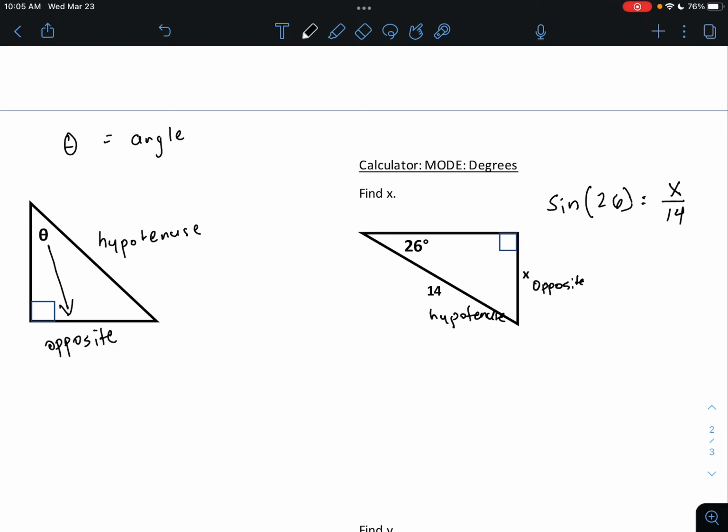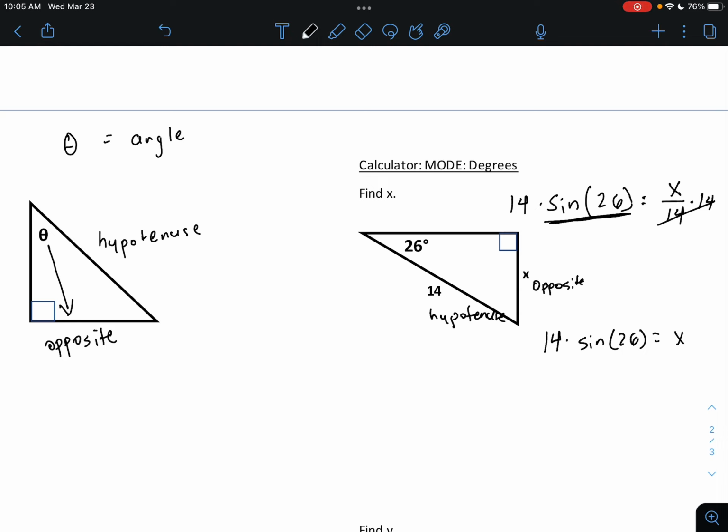This is solved just like any equation. We want to get x by itself. The sine of 26 is its own piece, so we can't split this up at all. We're going to leave that alone. But I want to get rid of this 14 that's dividing the x, so I'm going to multiply by 14 on both sides. I'm left with 14 times the sine of 26 equals x.